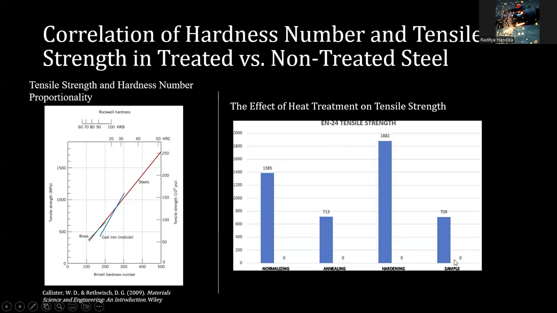The untreated specimen is denoted as the sample. If we compare it with annealing or normalizing, we can show the proportionality with the tensile strength.